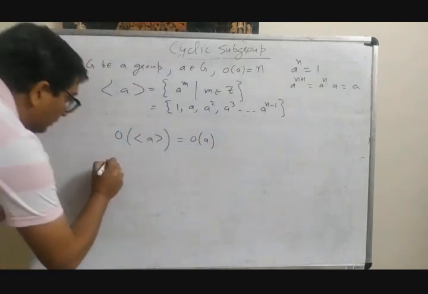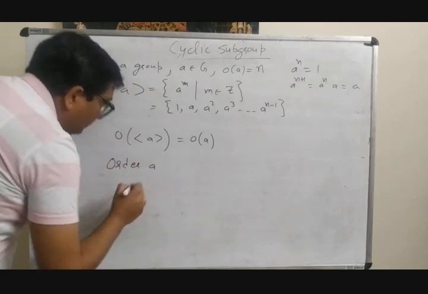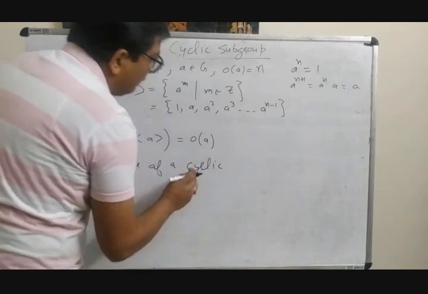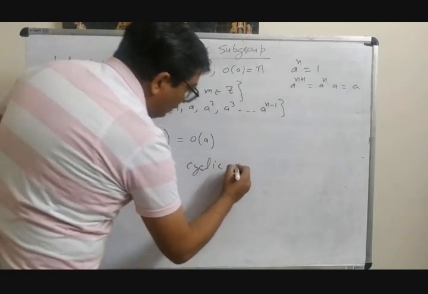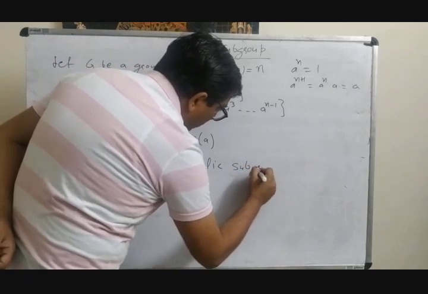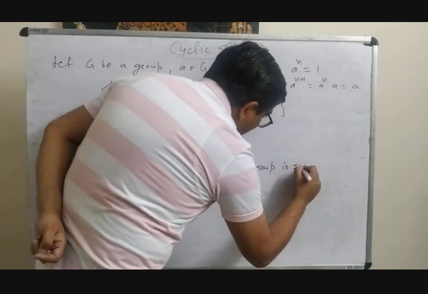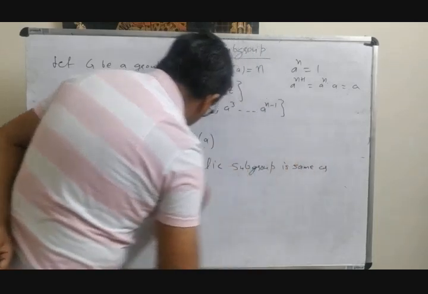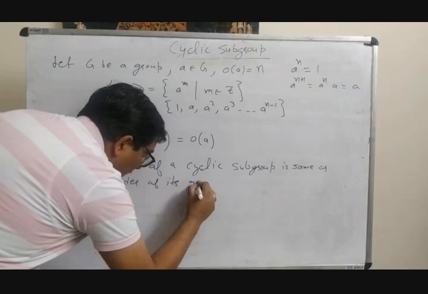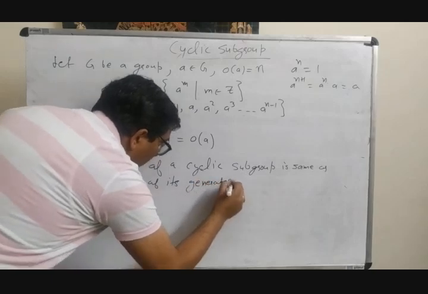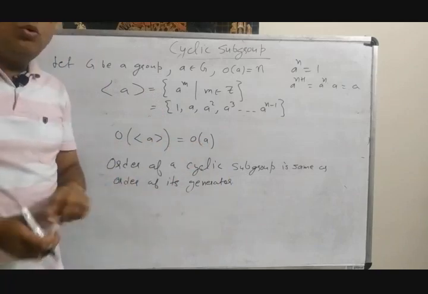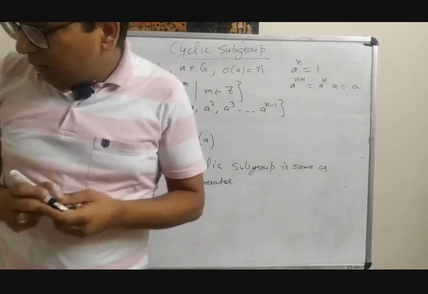It means the order of a cyclic subgroup is the same as the order of its generator. So the order of a cyclic group is equal to the order of its generator.